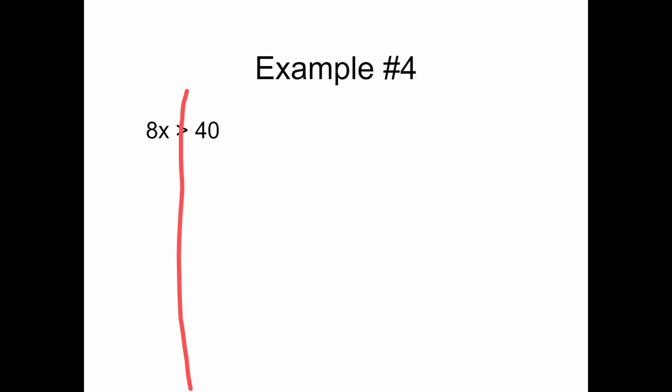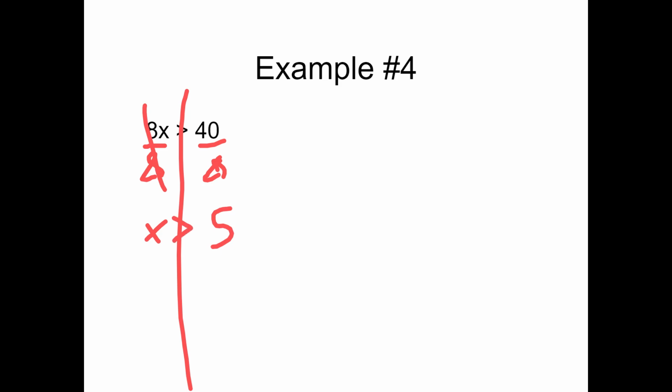So I have 8 times x is greater than 40. Because x and 8 are being multiplied, I need to divide instead. So let's divide both sides. This is going to cancel out, and x is going to be left by itself. And then 40 divided by 8 is going to be 5.